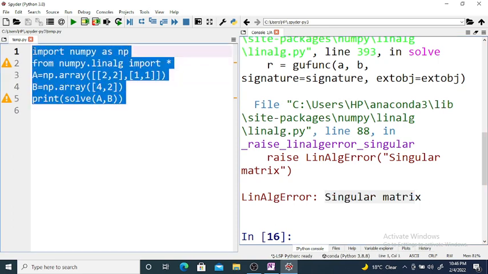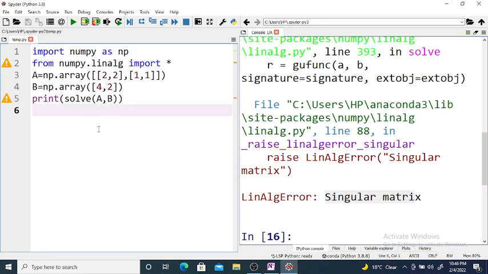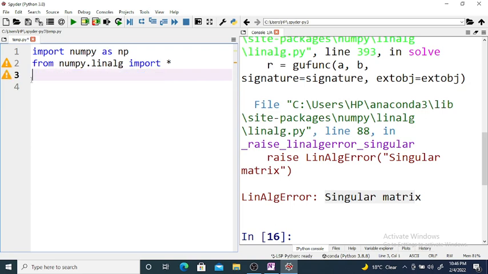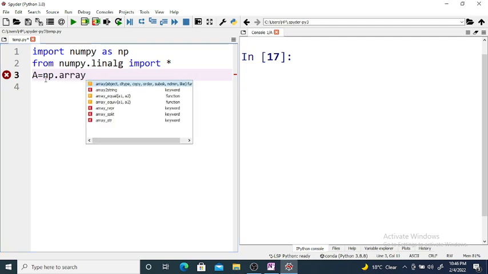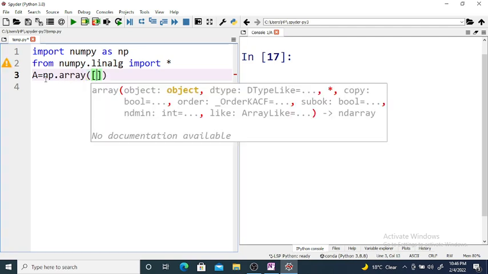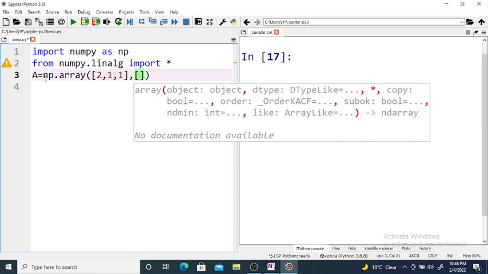Now to evaluate this determinant in Python, you just write A is equal to, and here we are going to create a matrix using a NumPy array, np.array: 2 1 1, then 1 2 1, and then 1 1 2.